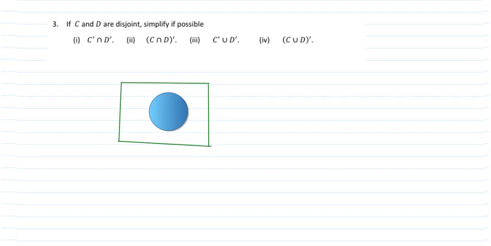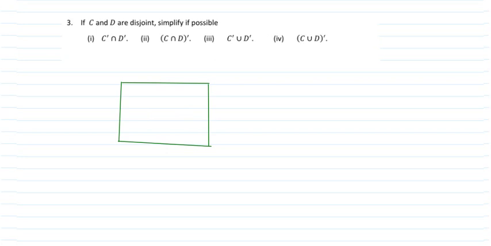So if two sets are disjoint, what does this mean? It is telling us they do not meet. We have a joint there, but we are not meeting at an end point.